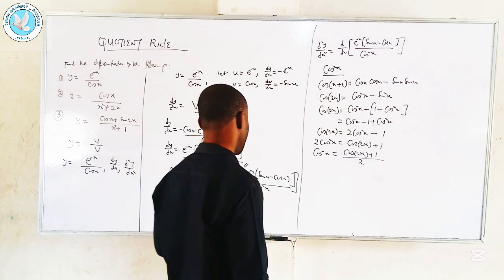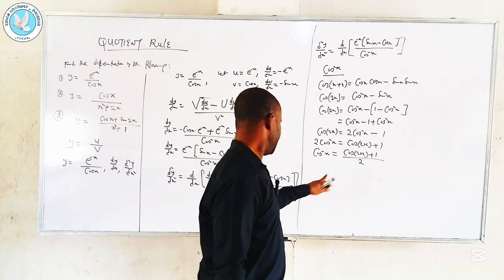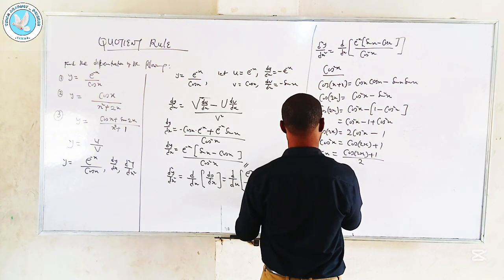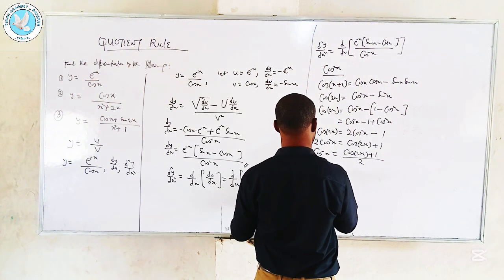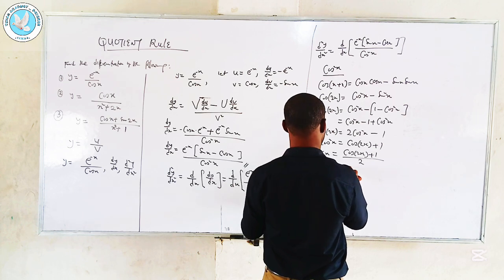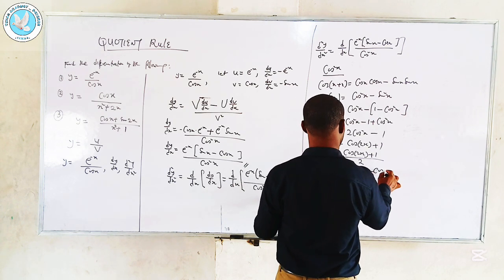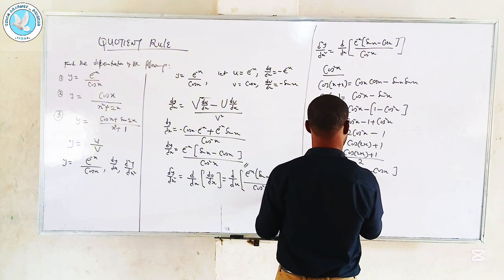So we can actually insert this here. So d squared y by dx squared becomes exponential of minus x, sine x minus cos x, divided by this.